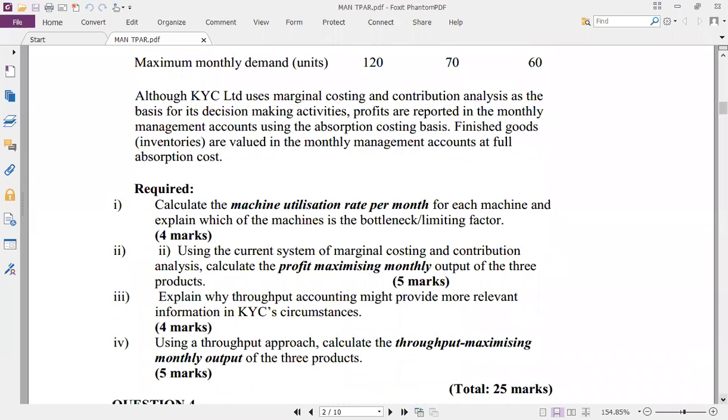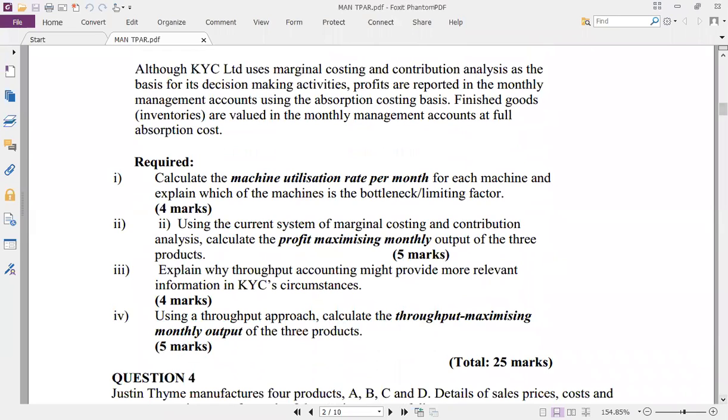So explain why throughput accounting might provide more relevant information in this circumstance. The guy is using marginal costing, right? Yes, so why would throughput provide more relevant information?